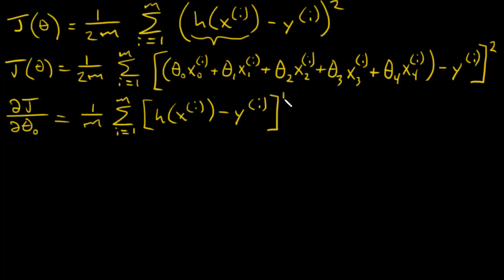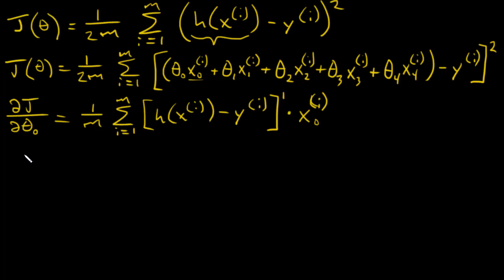The power rule becomes subtract 1 from it, so now I get to the first power here, and then I multiply it by the partial derivative of this interior with respect to theta 0. The only thing that survives is this term right here, where the only one that survives is x sub 0, i. So x sub 0 i.